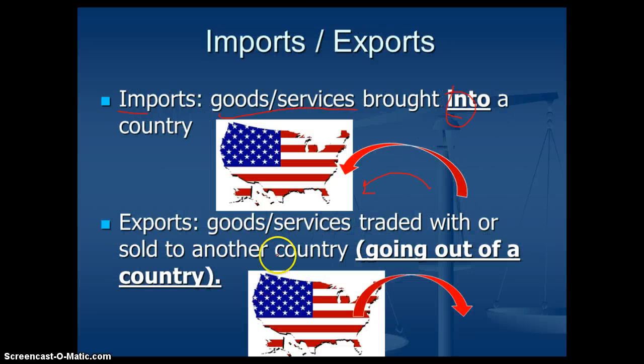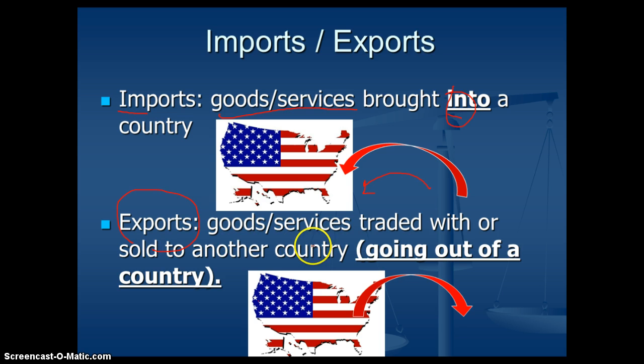Imports and exports. Imports are basically goods and services that you're bringing into a country. Imports starts with an I, so does bringing it in. That means you're buying something. Your country may choose not to make everything that it could. They may choose to import, buy from another country something they choose not to make, and they will export.